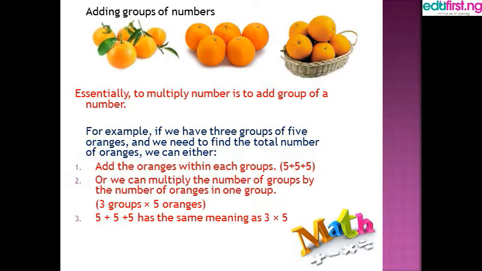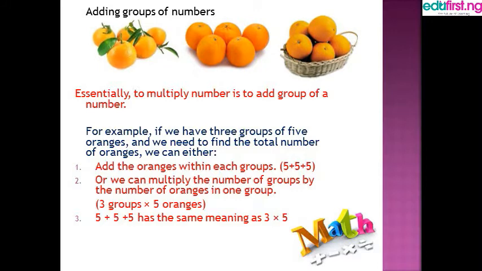Adding groups of numbers. Now we have three groups of oranges on the screen, each of them 5. So I'm going to use them to explain multiplication. Essentially, to multiply a number is to add groups of a number.